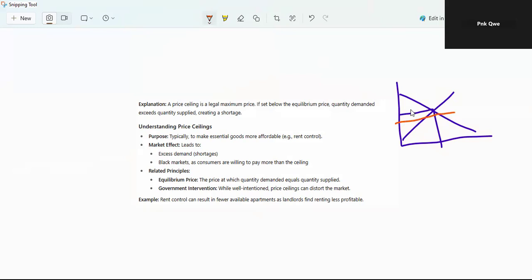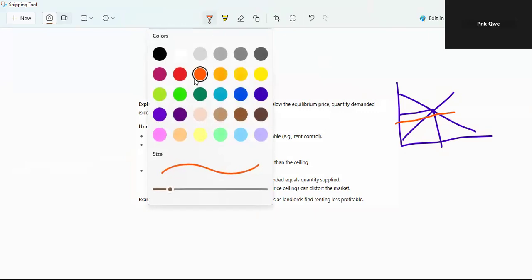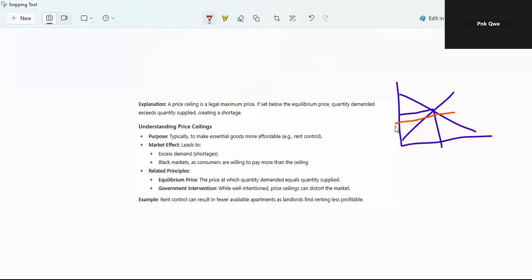This is a price ceiling, and this is a floor price. The maximum that is set below the equilibrium is a price ceiling, where the government wants to make essential goods affordable, like rent control.